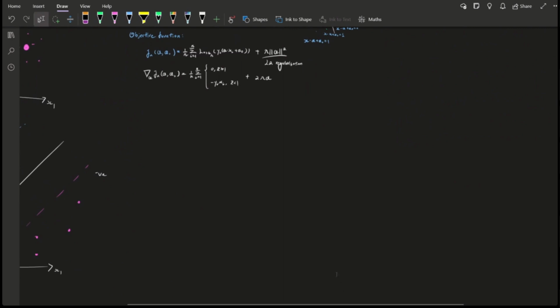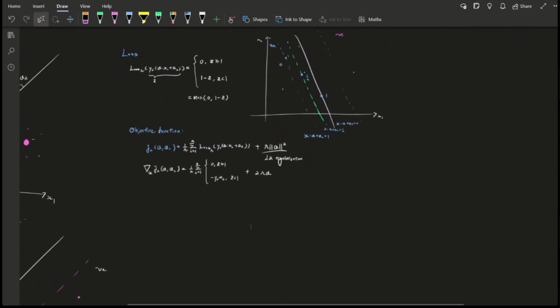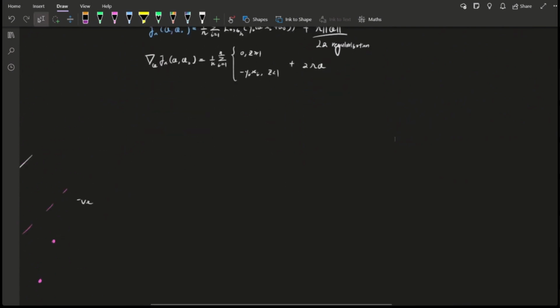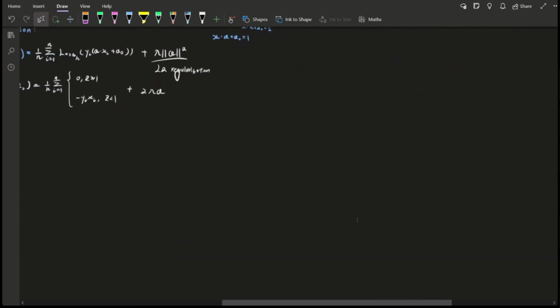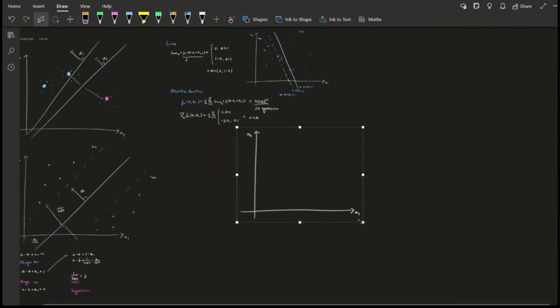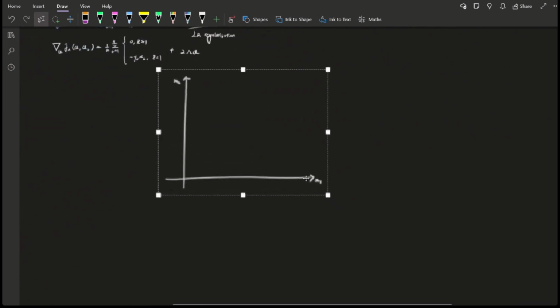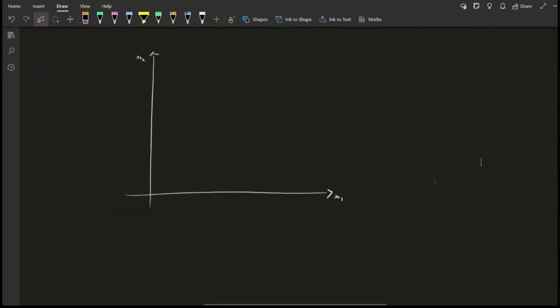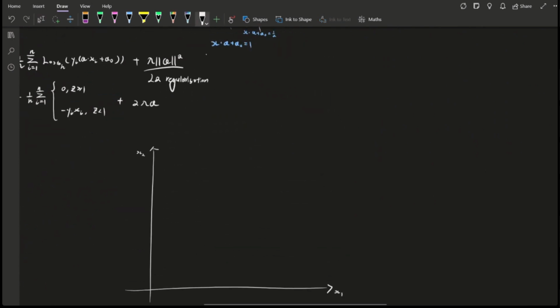Just as a last thing, or not the last thing, I want to briefly touch on how lambda affects your entire model. Let's call this effects of lambda.